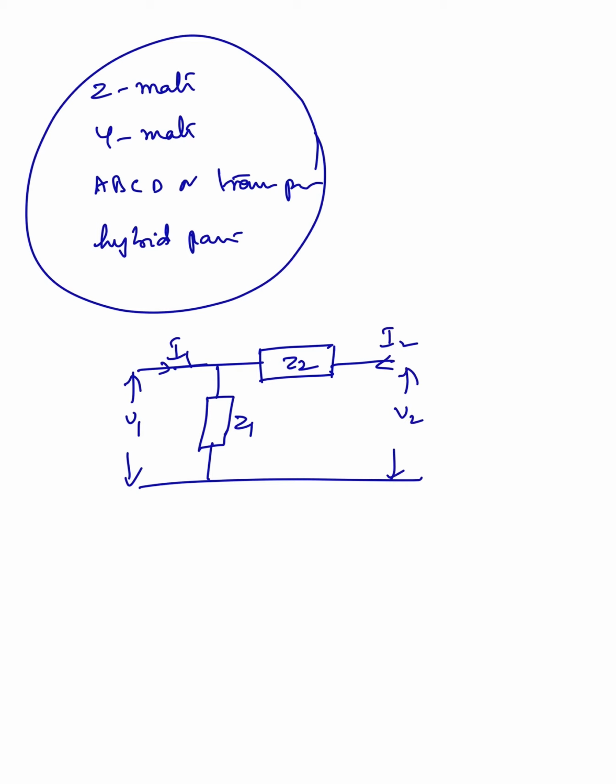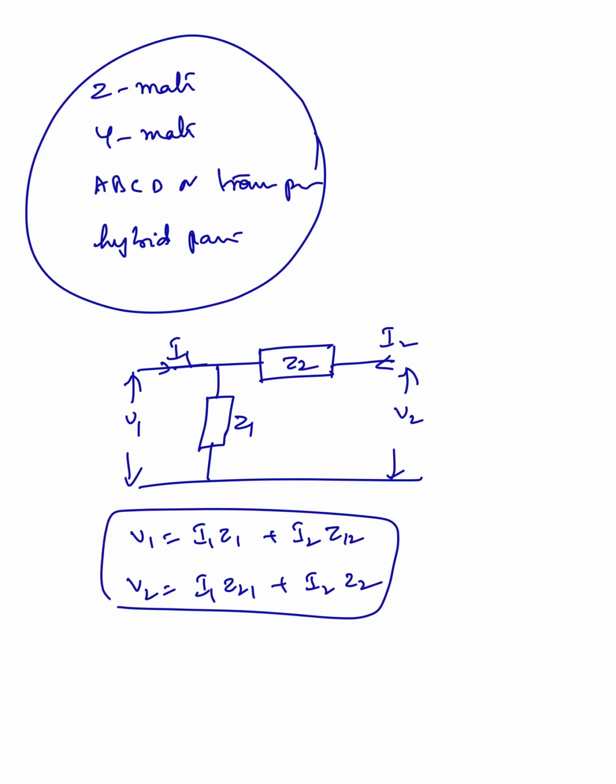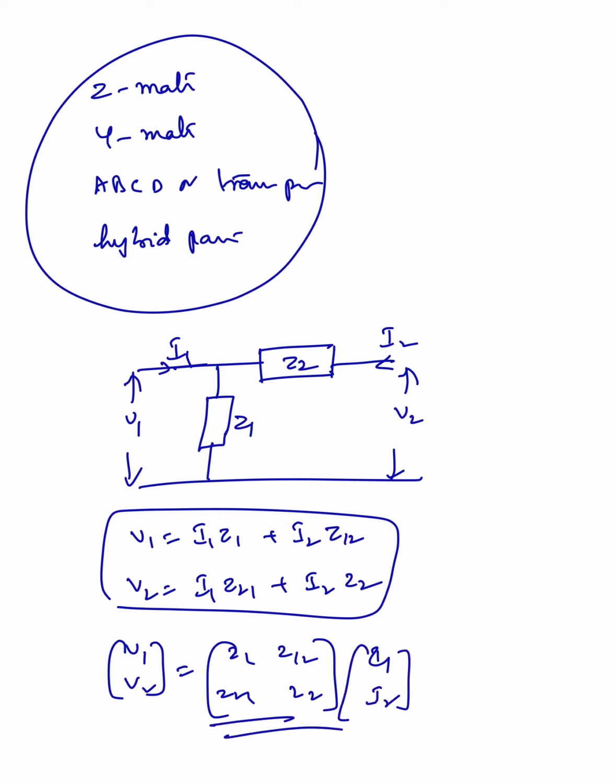See, according to the Z parameters, V1 equal to I1 Z1 plus I2 Z12, V2 equal to I1 Z21 plus I2 Z2. This is the way of representing the Z matrix. This can be written as V1 V2 equals Z1 Z12 Z21 Z2 times I1 I2.